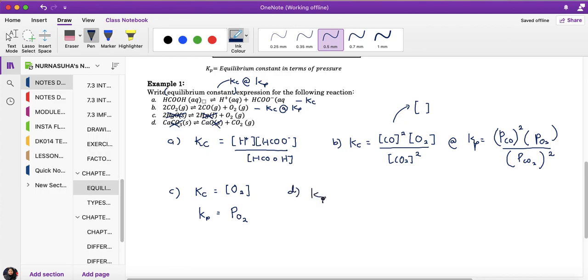I write Kp first, equal to the partial pressure of CO2. For Kc, the concentration of CO2. That is how we write down the equilibrium expression. What is important is product on top, reactant at the bottom. Don't forget that if there is stoichiometry, make it the power.